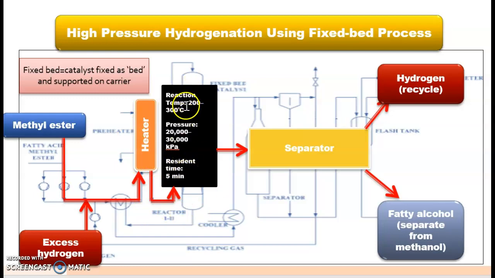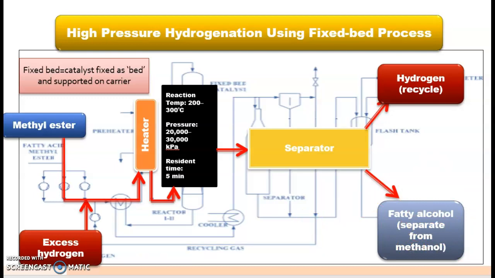And this is the reaction temperature, pressure, and the residence time of 5 minutes. Then it will go to the separator and we will get your fatty alcohol and also the methanol. We need to separate the remaining hydrogen here, where it can be used as recycled hydrogen to the process, and the fatty alcohol.